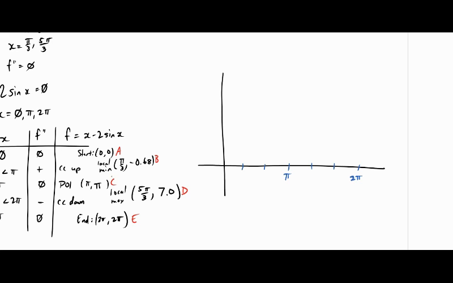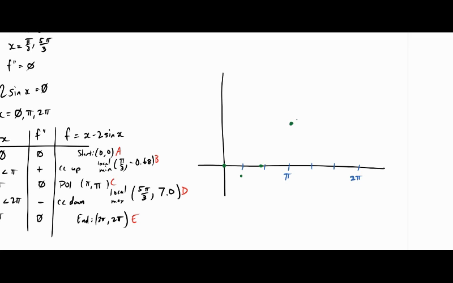So pi by 3 and negative 0.68 is a local min, so that occurs there. Turns out there's an x-intercept at about 1.9. Remember, we couldn't calculate that, but I calculated it earlier with technology. And we've got our point at 0, 0. I have a point of inflection at pi and pi.